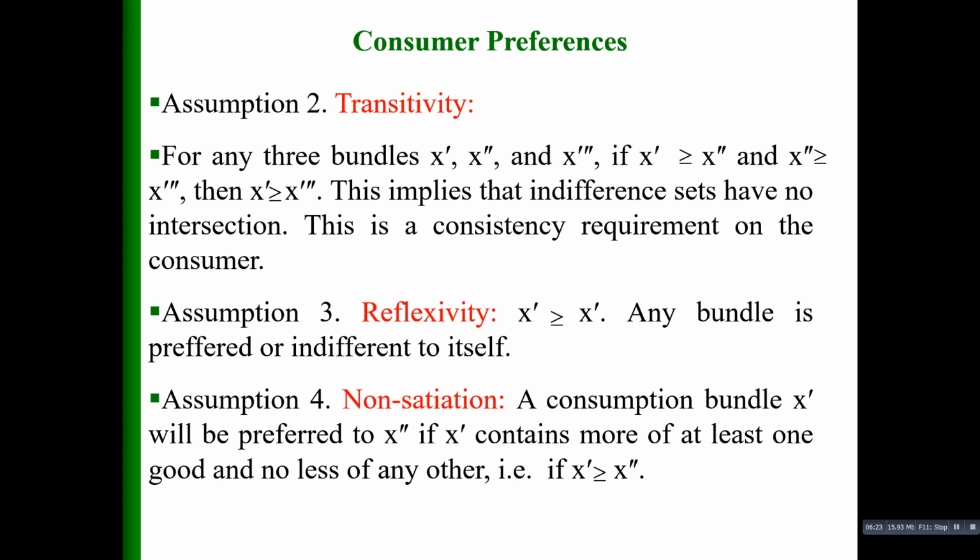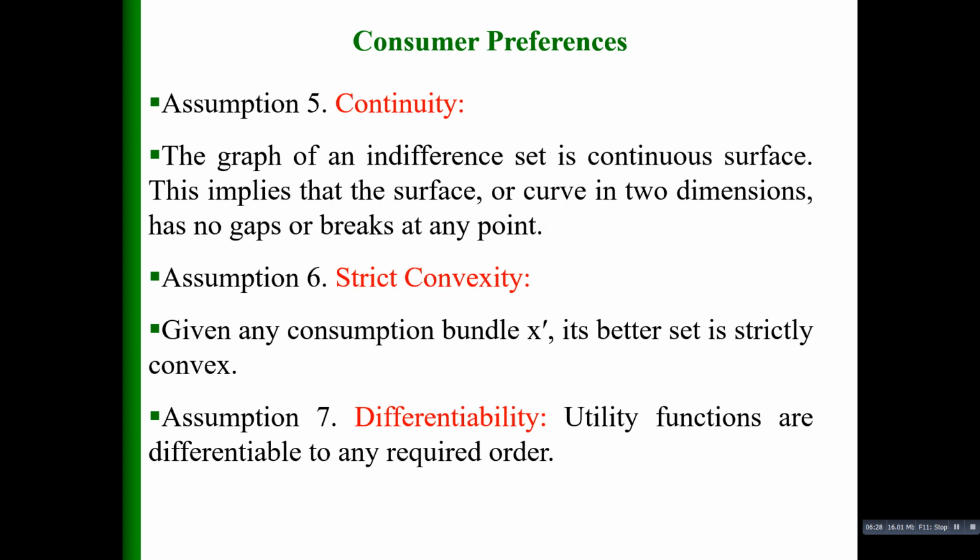Assumption number 5 is that of continuity, and it means that the graph of an indifferent set is a continuous surface, which implies that the surface or curve in 2 dimensions has no gaps or breaks at any point.